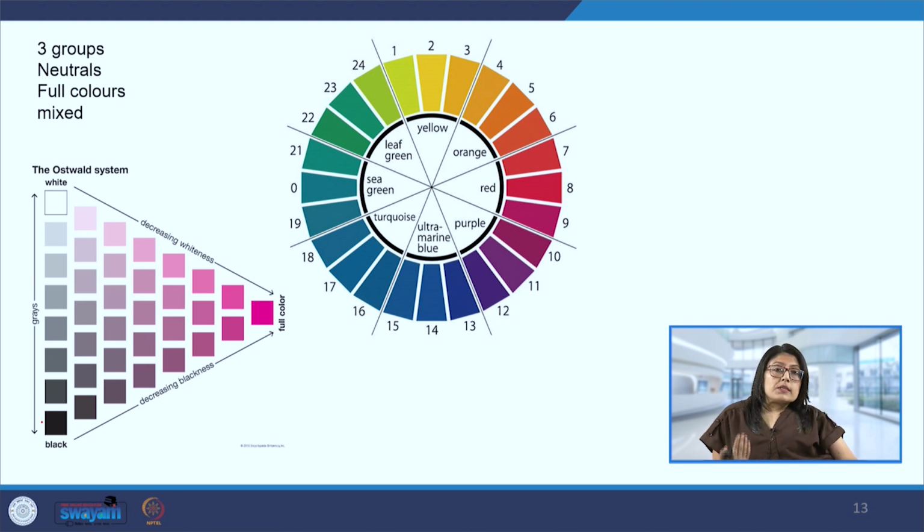Whereas in the Munsell system, depending on how far a color would go in terms of creating the tint or the shade in terms of value and the chroma, they will be uneven. All colors will not lead to, for example, 20 intermediate colors. Some may have 25, some may have lesser. So this was one of the major differences between these two color theories, which were quite similar in nature.